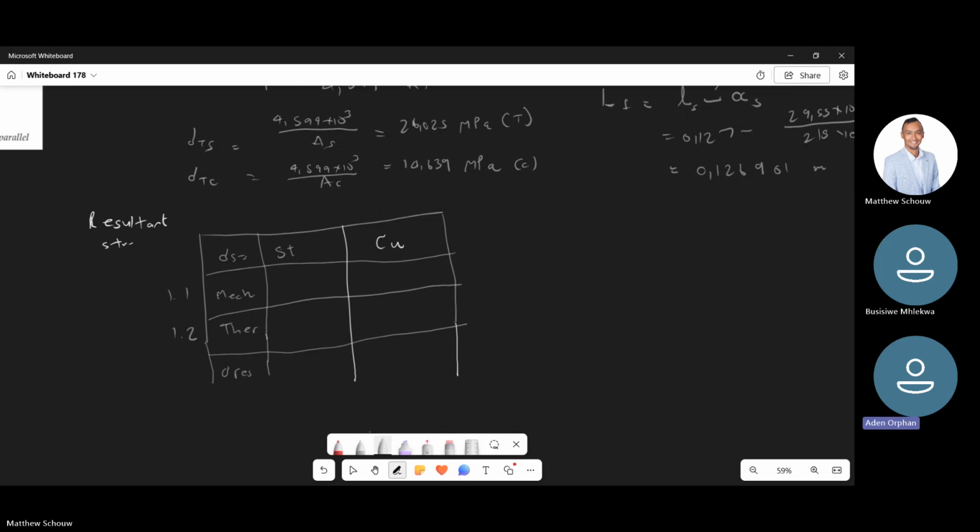The stress value for the steel is 167.27 megapascal. Okay, I don't have to put the MPa, that's fine. My question was compressive or tensile. The steel is going to be tensile. No, for the first part, 1.1.